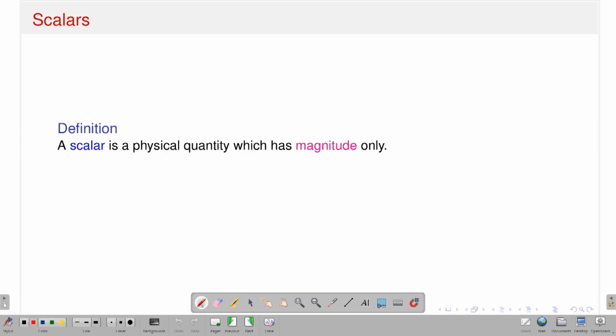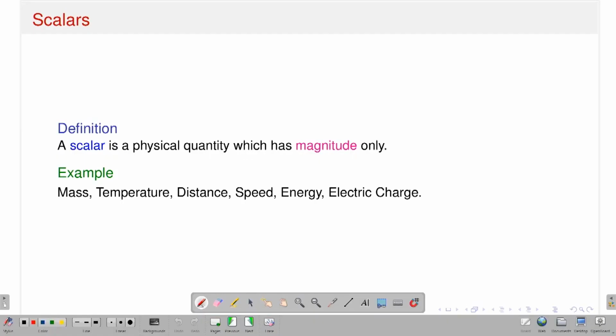So, next we will move to defining the concept of scalars. A scalar is a physical quantity which has magnitude only. As I said, the price of the pencil is rupees 5, I need a magnitude only, a number only. In physics, some examples are mass, temperature.